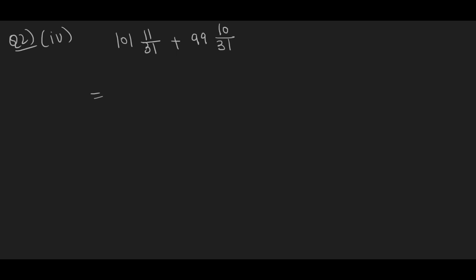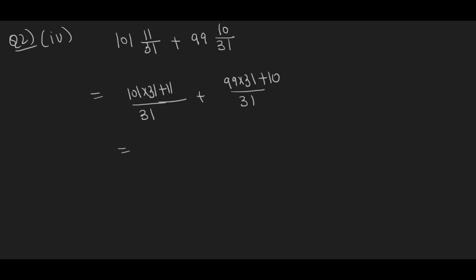We will multiply 101 and 31 and we will add 11. So on multiplying, 101 into 31 plus 11 and in this 99 into 31 plus 10.